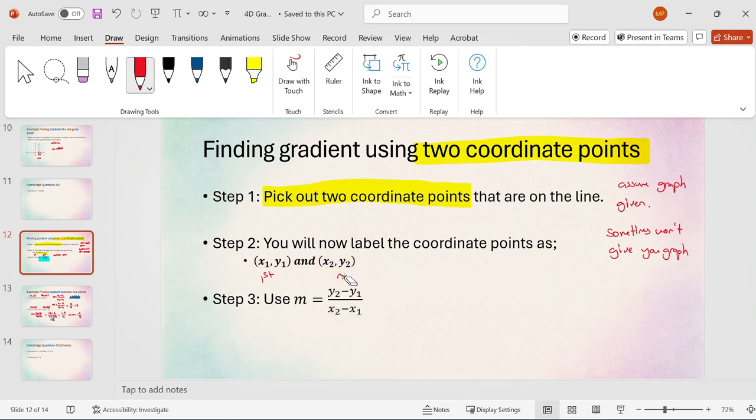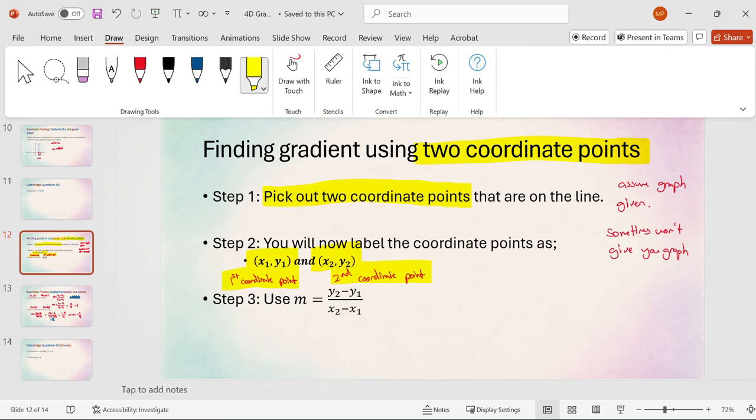So I'll write it so it's a bit neater. So this is your first coordinate point, and then this is your second coordinate point right here. That is all it means.